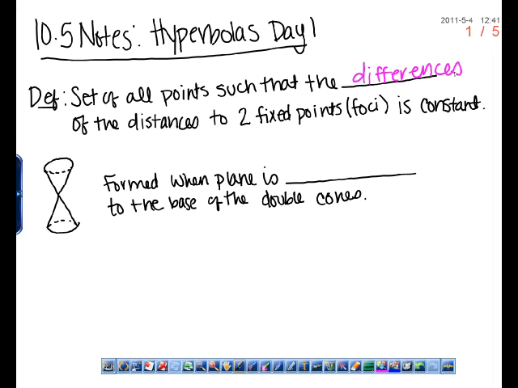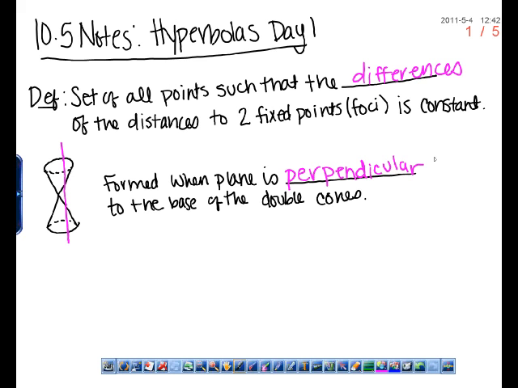How do we form hyperbolas? Good. When the plane is perpendicular to the bases. You have to have a double cone to get a full hyperbola.